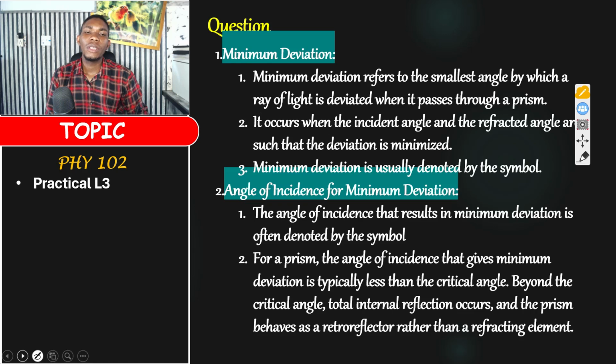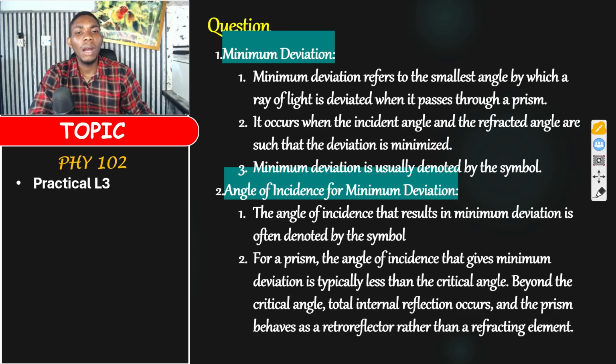You say, from the result obtained, the minimum deviation refers to the smallest angle by which a ray of light is deviated when it passes through a prism. It occurs when the incident angle and the refracted angle are such that the deviation is minimum. Minimum deviation is usually denoted by what? D minimum. The symbol is D minimum. Are you getting it now?